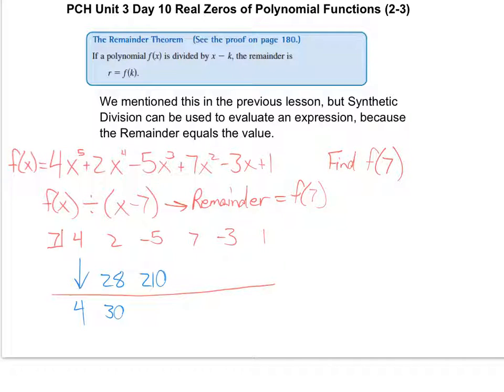Numbers are getting a little big, but that's okay. So now we're at 205. If I multiply that by 7, I get 1435. You guys checking my arithmetic? If I add down, I get 1442.